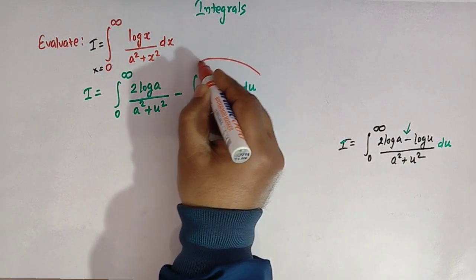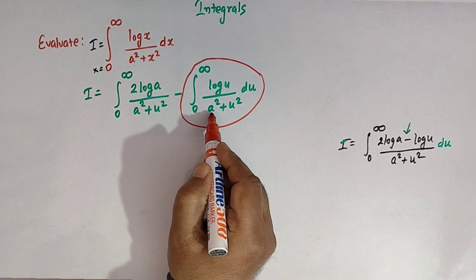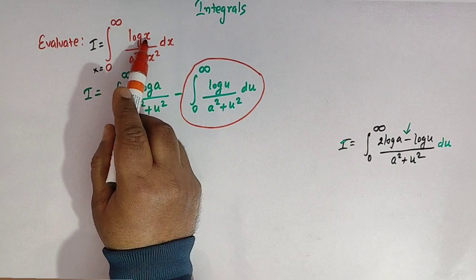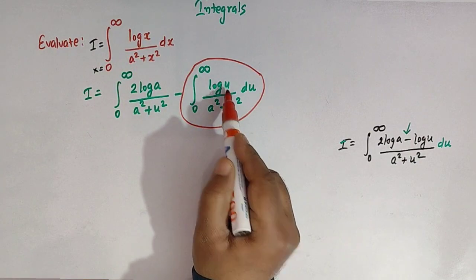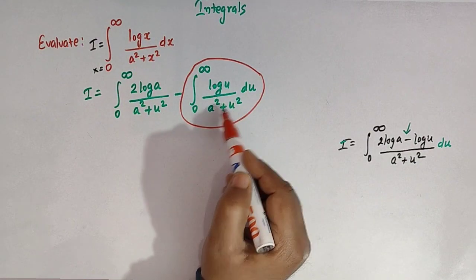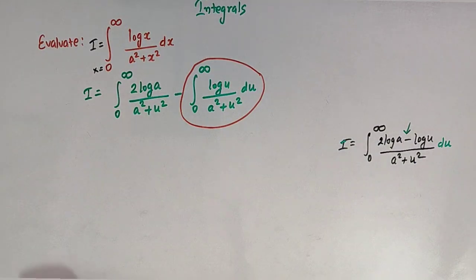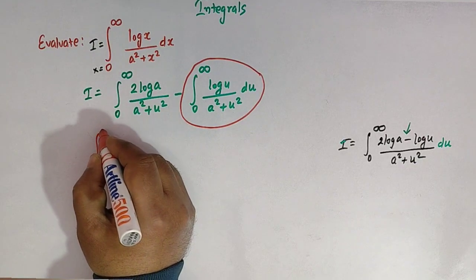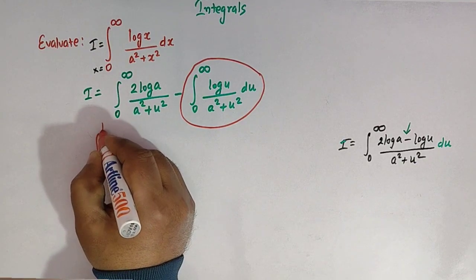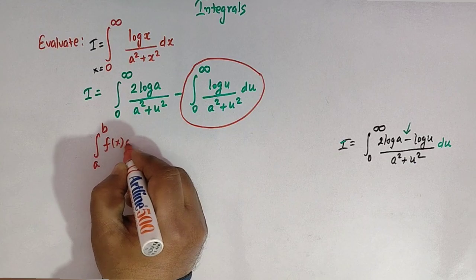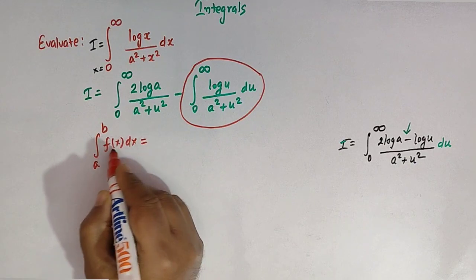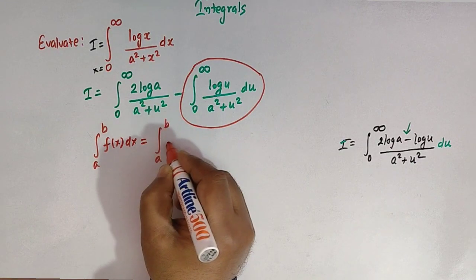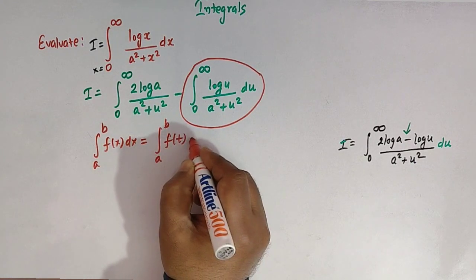And now we can easily see that this integral is the same as this integral, because here the variable is x and here the variable is u. Again, from the properties of definite integrals, we know that if we have an integral from a to b of f of x dx, and if we change the variable to t, say, then we have the integral from a to b of f of t dt.